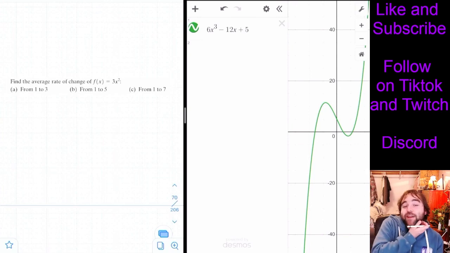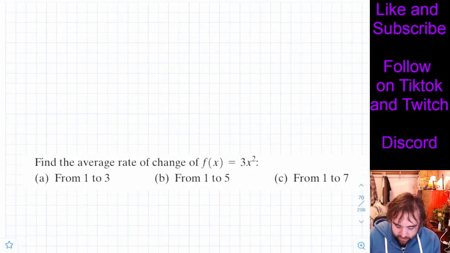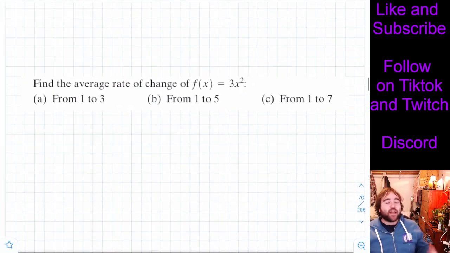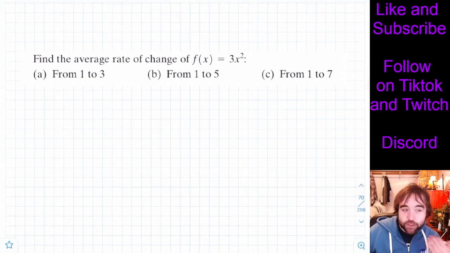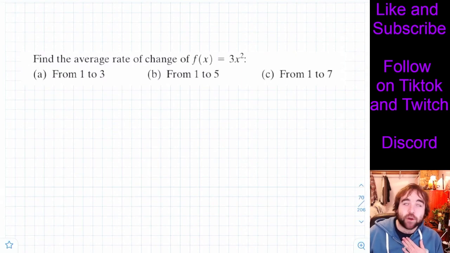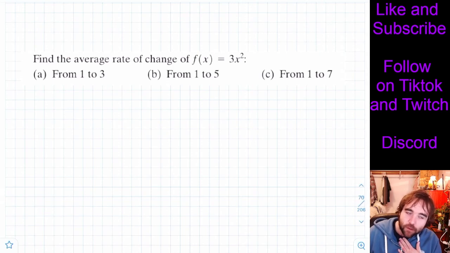All right, so now we got average rate of change. So, see, we don't really need the calculator for this one. So what is average rate of change? Well, that's a great question. So, average change. So think about what you're going to do. You're going to do how much is the value of the function changing over this x period.